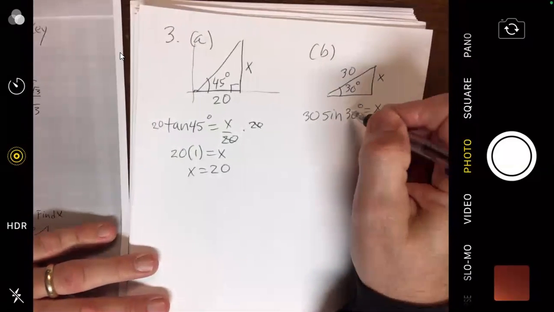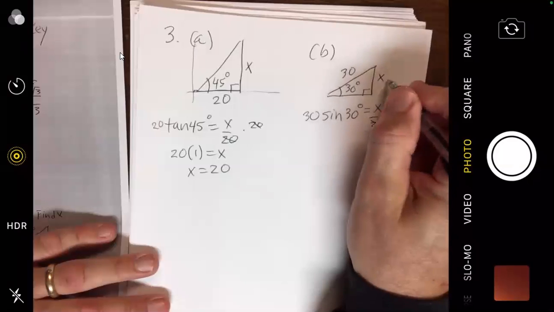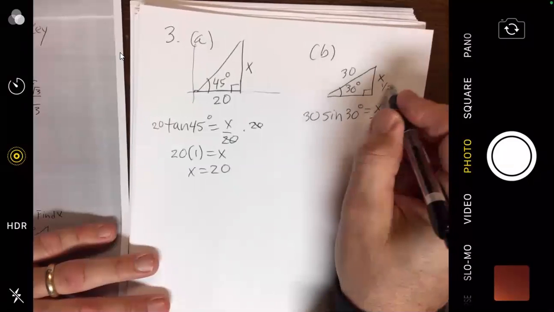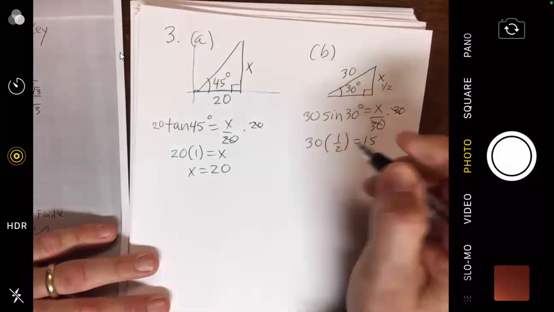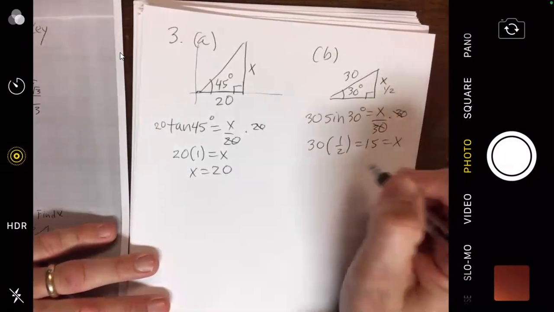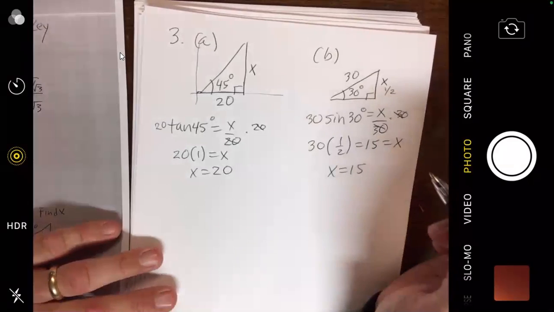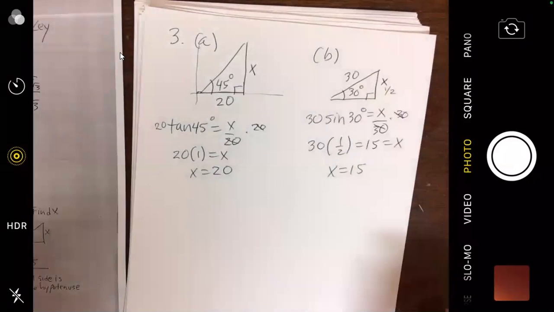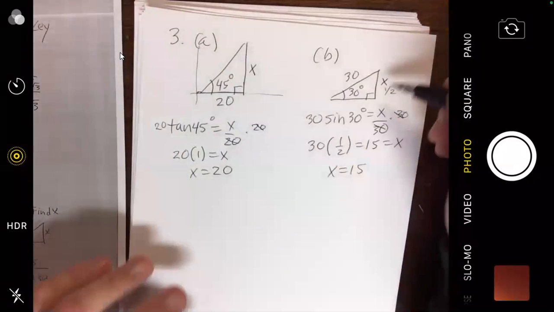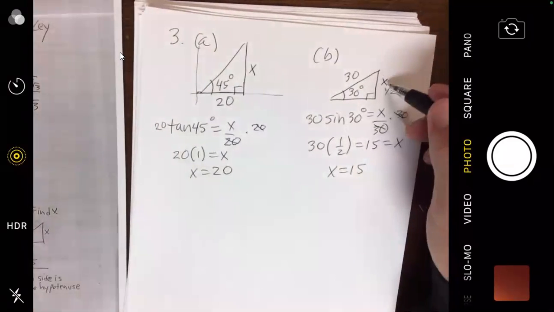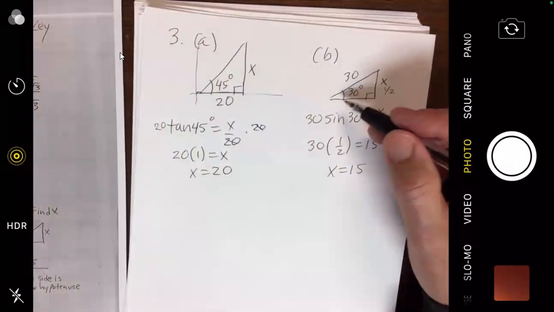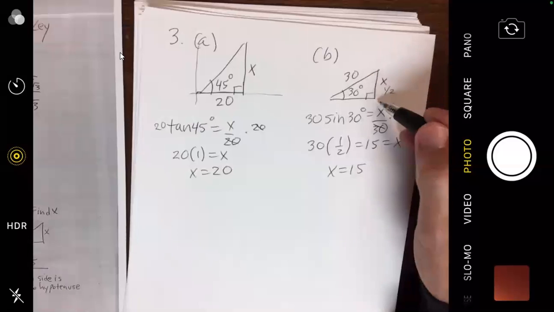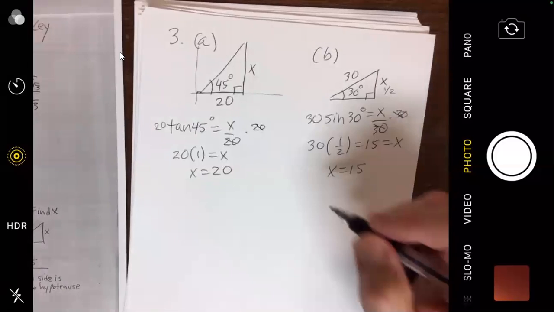And working it out, sine 30 degrees, you're at a half on the unit circle, which means 30 times a half equals 15, which equals your X. At 30 degrees, your Y leg is, even though we've called it X, just a generic triangle using an X for an unknown like in algebra, but at 30 degrees, your vertical opposite leg is half your hypotenuse. Write that out.